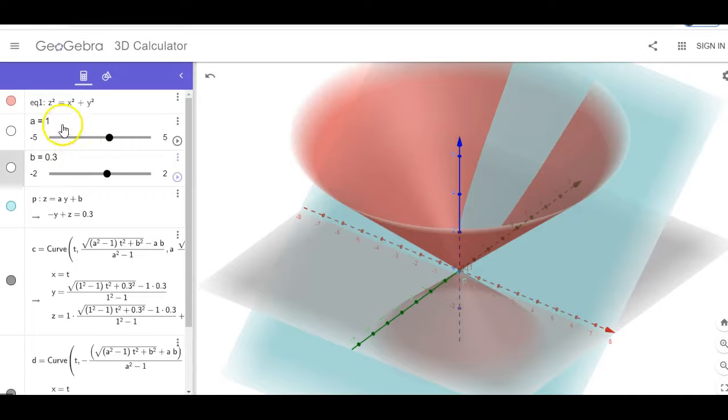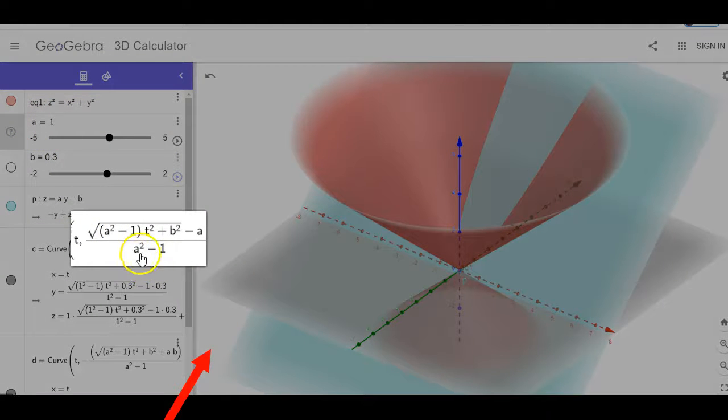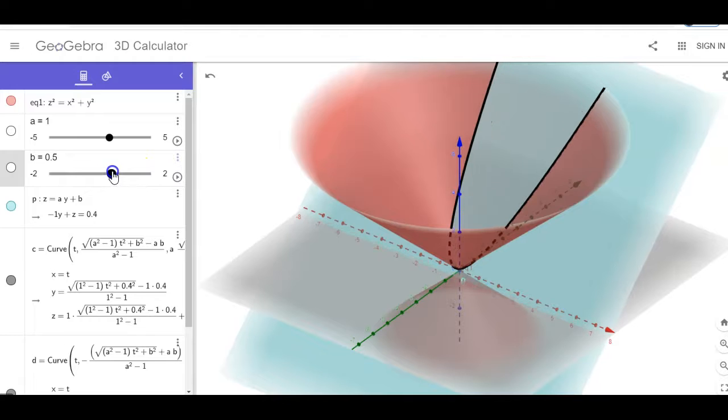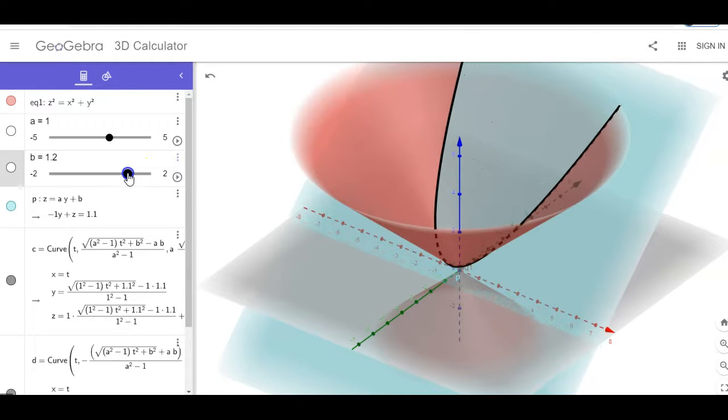Oh, and let me make this, because notice when A is equal to 1, these curves that represent the cross section, we divide by 0. So let me do something like 0.001, just so we can actually see it. But now I have, if you can tell what those are, parabolas.